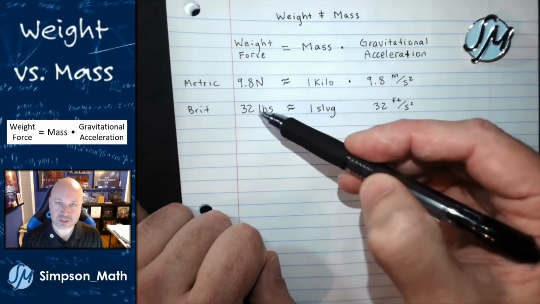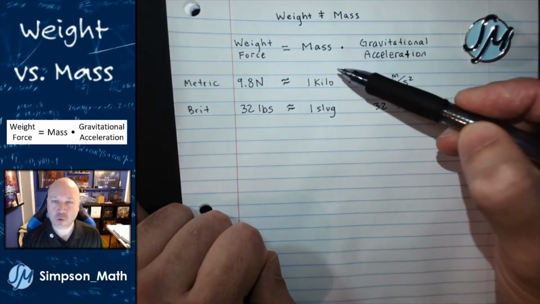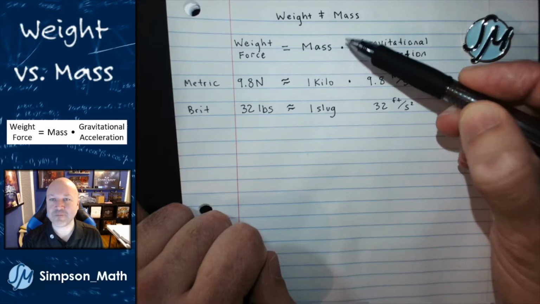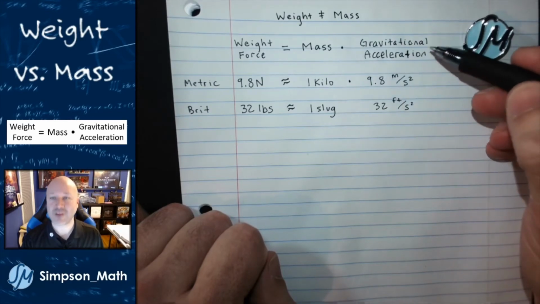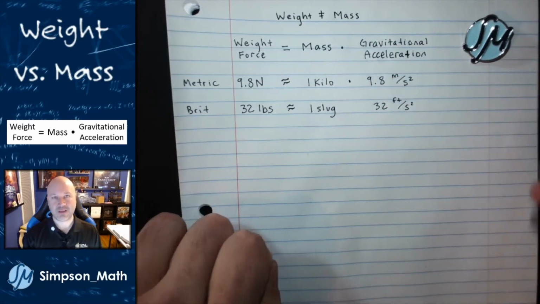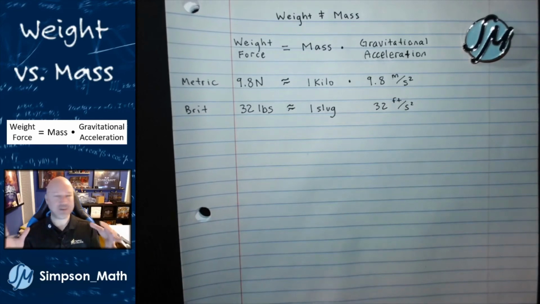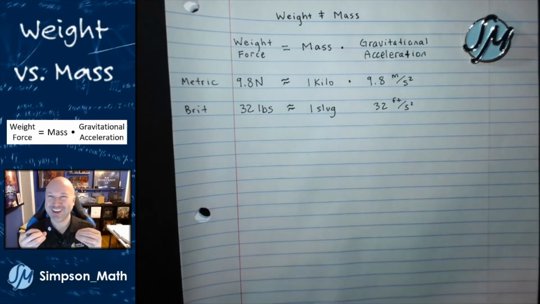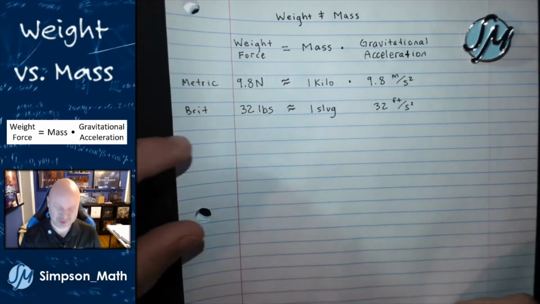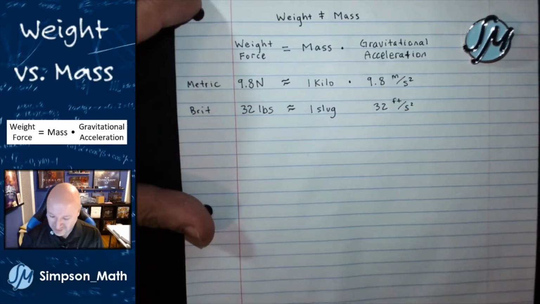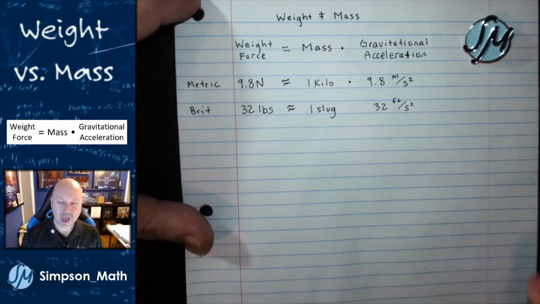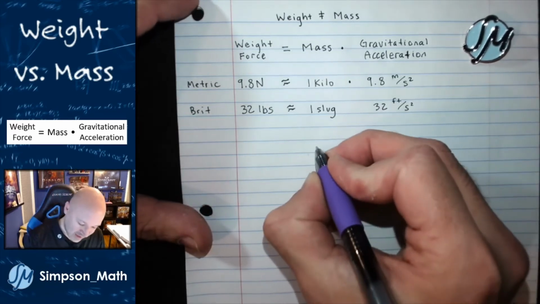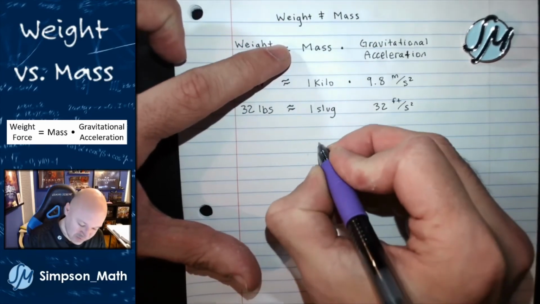Weight is a force. Mass is just an amount, a quantity. And the gravitational acceleration is the rate at which the closest, biggest object is pulling you toward it. Maybe a quick example we could do is, I know that I have a mass. See, even I do it.